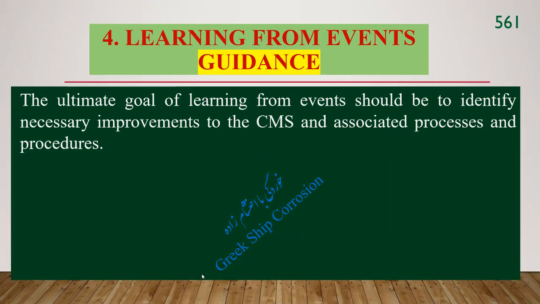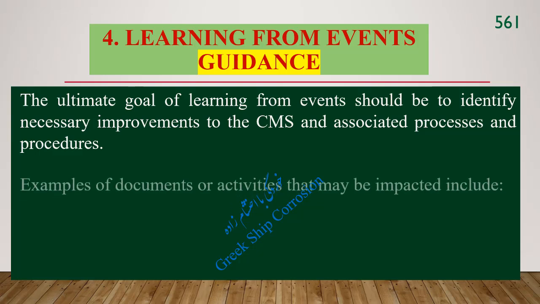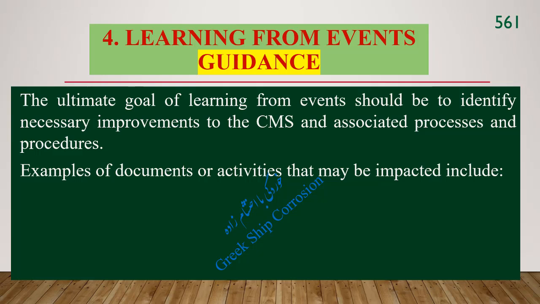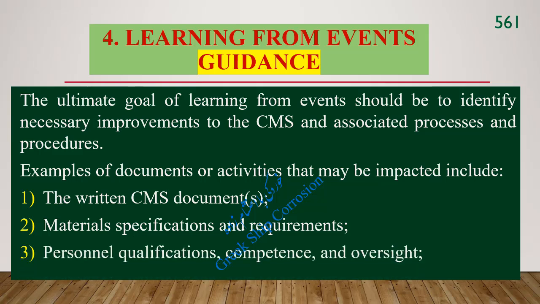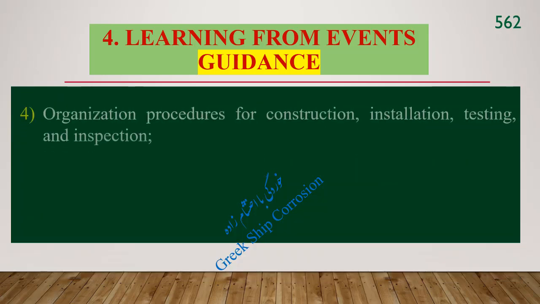Guidance. The ultimate goal of learning from events should be to identify necessary improvements to the CMS and associated processes and procedures. Examples of documents or activities that may be impacted include: 1. The written CMS documents. 2. Material specifications and requirements. 3. Personnel qualifications, competence, and oversight. 4.